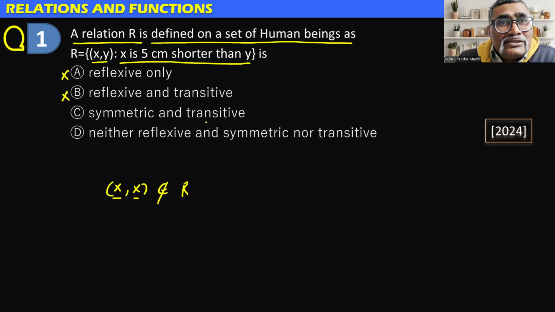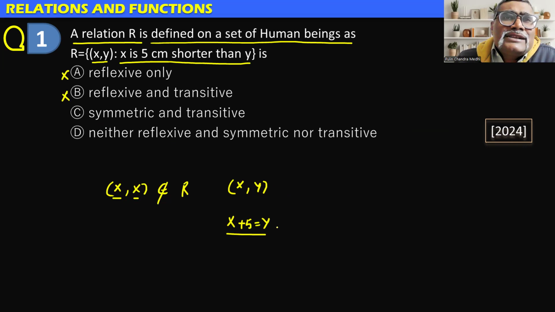Now let us go for the next two, symmetric and transitive. Let's see. Is it symmetric? If (x, y) is there, who is shorter here? x is shorter. Who is taller? y is taller. So if I have to balance the equation, I have to add 5 to the shorter one.